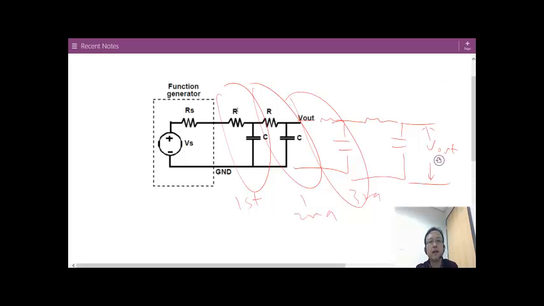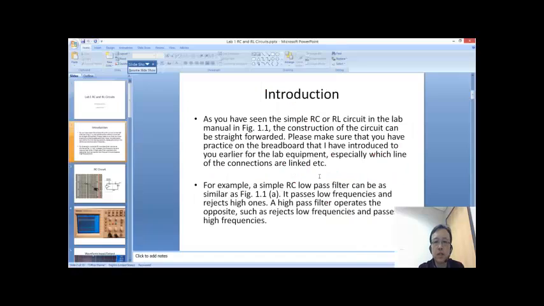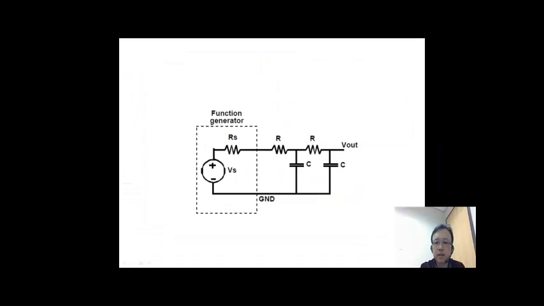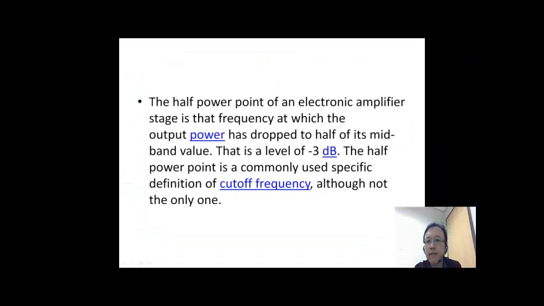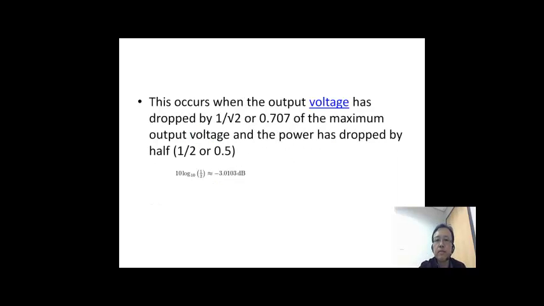Okay, and at the very end, I want to touch base on the half power definition for the 3 dB. Basically, this is the equation right here. If the voltage has dropped to 1 over square root 2 of the maximum, you get minus 3 dB.